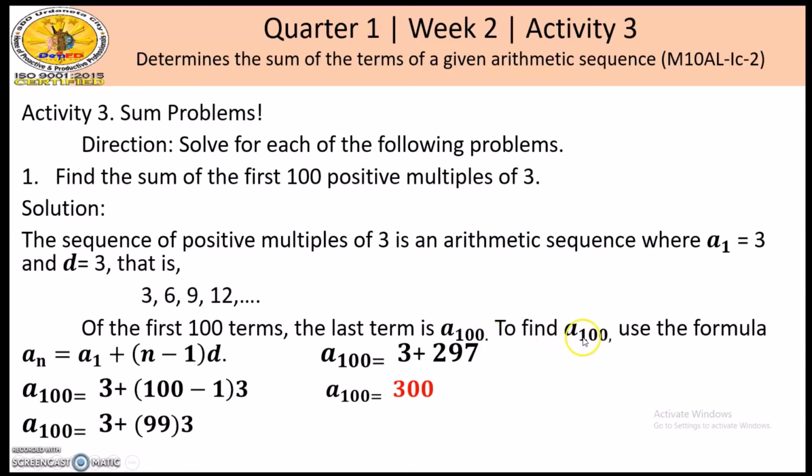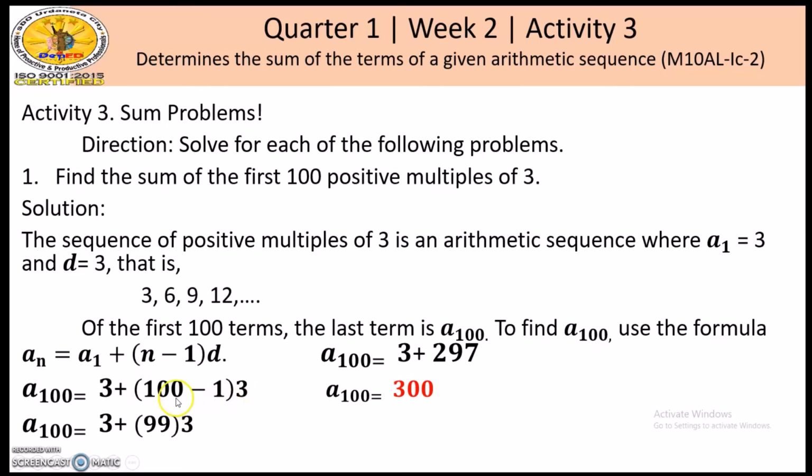To find our a sub 100, we would use the formula a sub n is equal to a sub 1 plus quantity n minus 1 times d. So we are looking for a sub 100. So a sub 100 is equal to 3 plus quantity 100 minus 1 times 3.